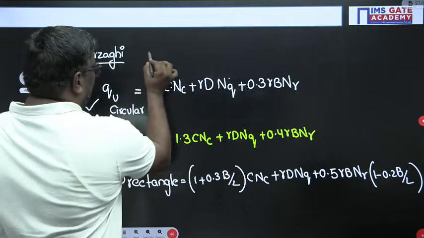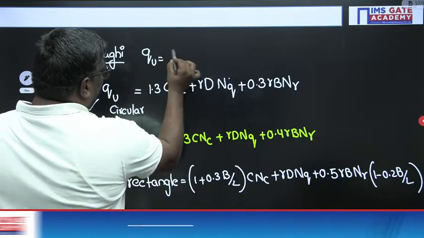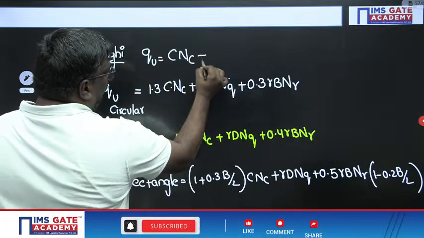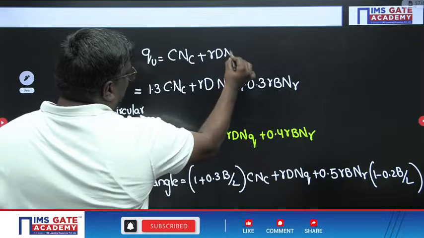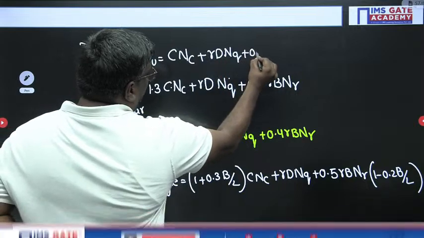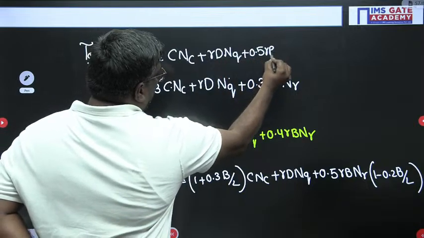If they ask for strip footing, or don't mention any footing, you take CNC plus gamma D NQ plus 0.5 gamma B N gamma.